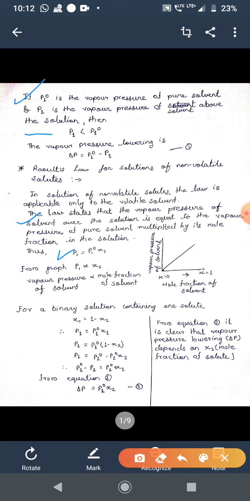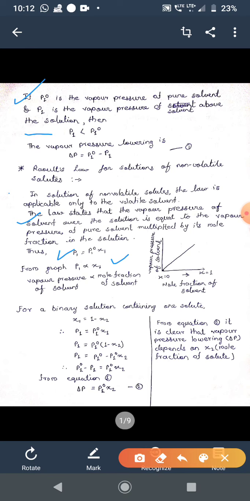This means that the quantities are directly related to each other. So, we can say that the vapor pressure of the solvent in the solution is directly proportional to the mole fraction of the solvent. So, we can write that P1 is directly proportional to the mole fraction of the solvent.